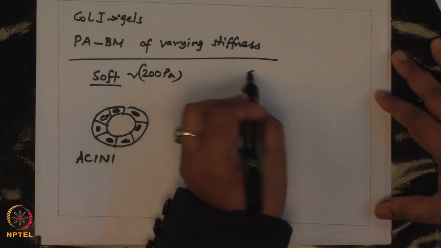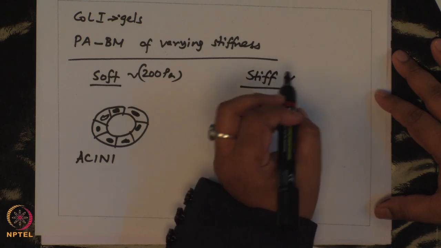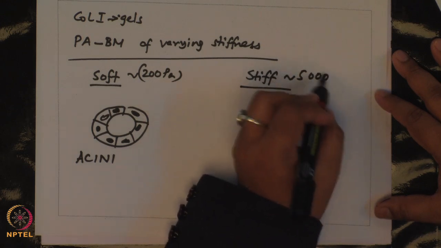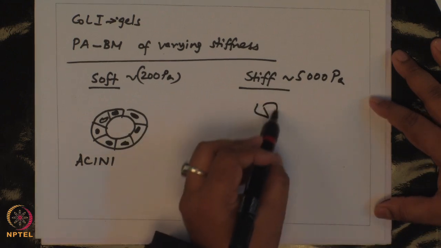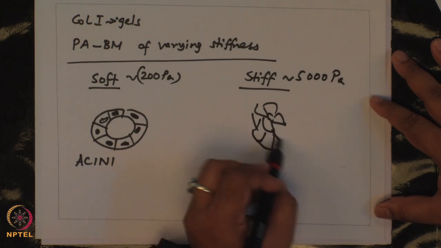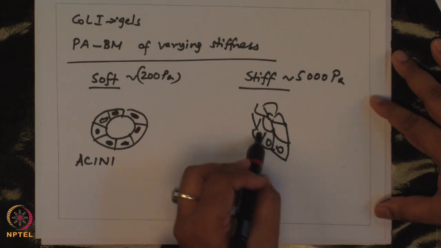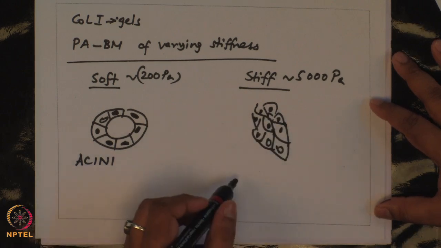But on stiff surfaces, of the order of 5000 pascals, you have aggregates of cells which exhibit a very invasive phenotype. The acini structure falls apart.